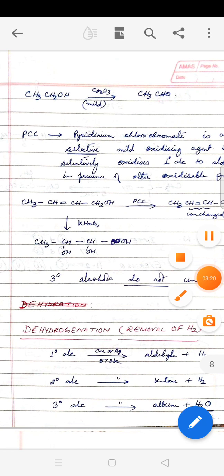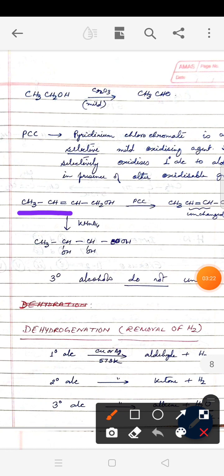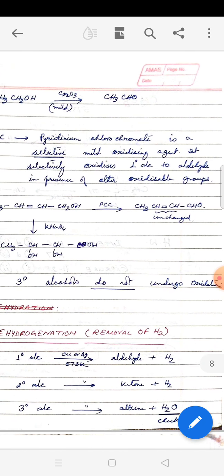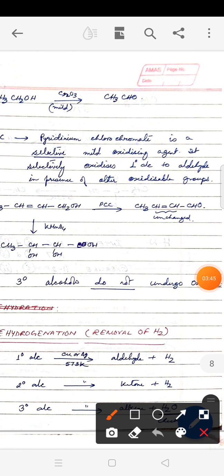You take this example. If you have this particular compound where you have a primary alcoholic group as well as a double bond, both the groups are prone to oxidation. That means both are capable of undergoing oxidation. So if you take PCC, then what will happen? The double bond will remain untouched, it will remain intact, and the primary alcohol group will get oxidized to aldehyde.